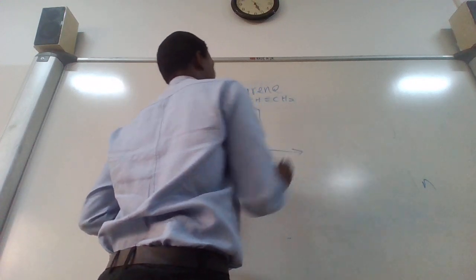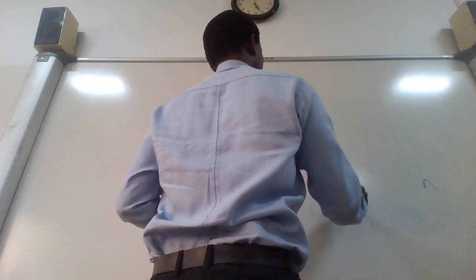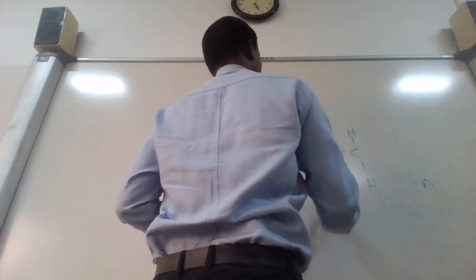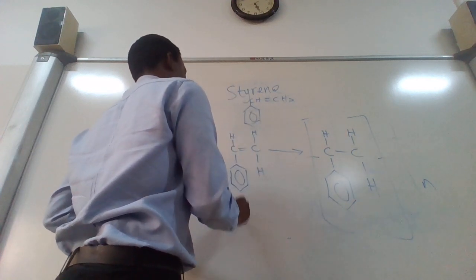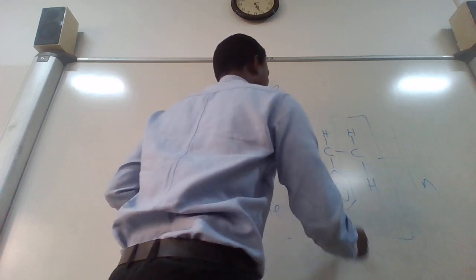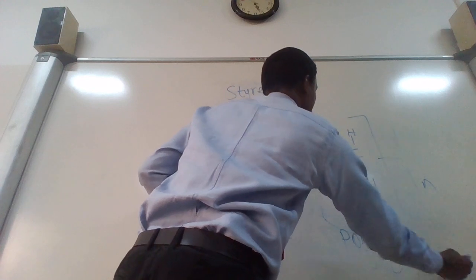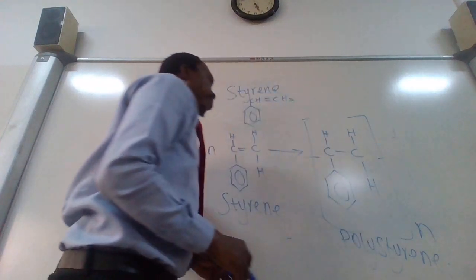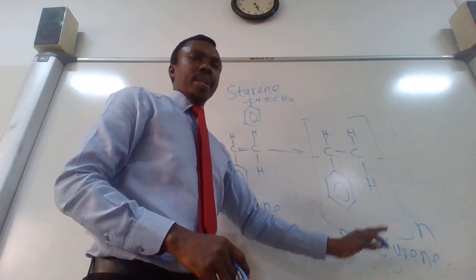It undergoes polymerization to give you the polymer. So the monomer is styrene. The polymer is polystyrene. The n here represents a large number. Poly means many. So you combine the monomer, which is styrene, to get polystyrene.